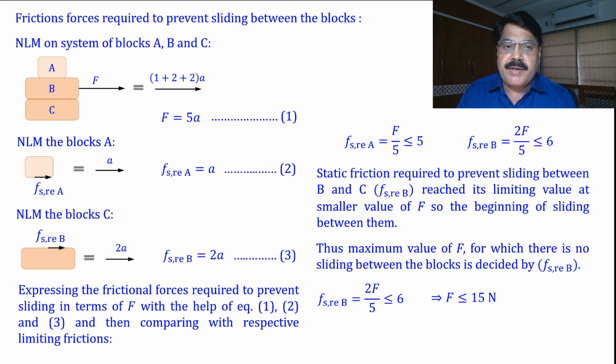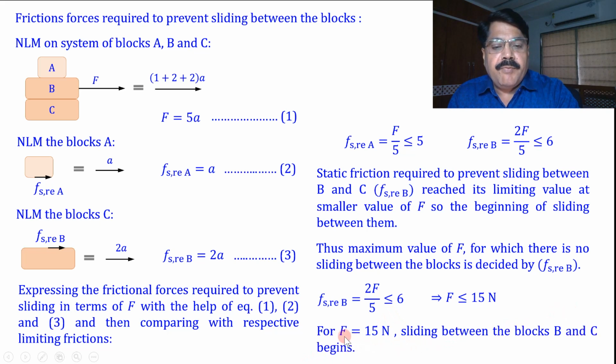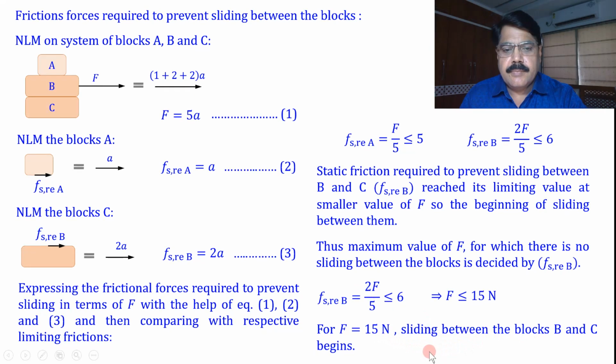Now we have to decide, let us say in the next part, at which value of force F sliding between A and B will initiate. So I'm writing here the result: for F equal to 50 Newton, sliding between blocks B and C begins.